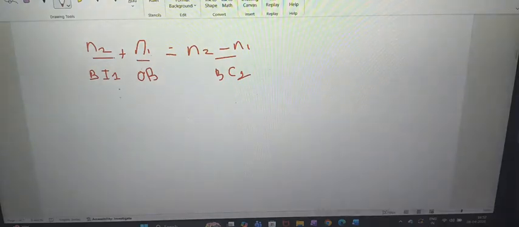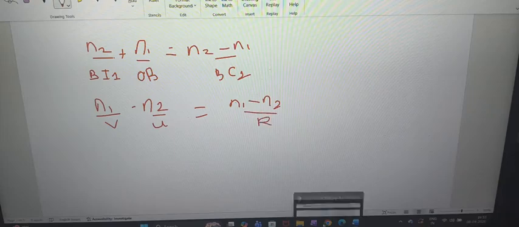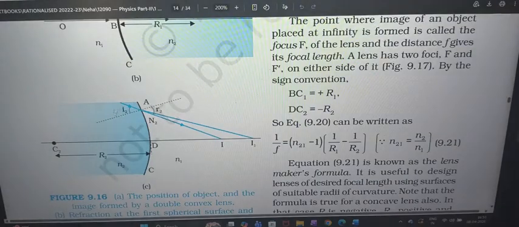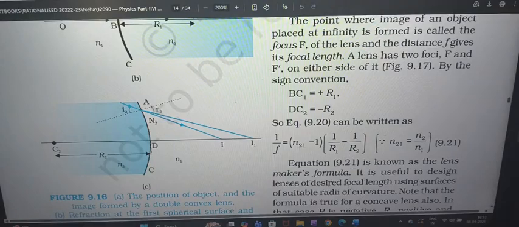So instead of writing n2 by v, I will write n1 by v minus n2 by u is equal to n1 minus n2 divided by r. Because the surface has just become opposite in this manner, that's why we are interchanging the n1 and n2 values. Now here if we see, the image distance is DI.